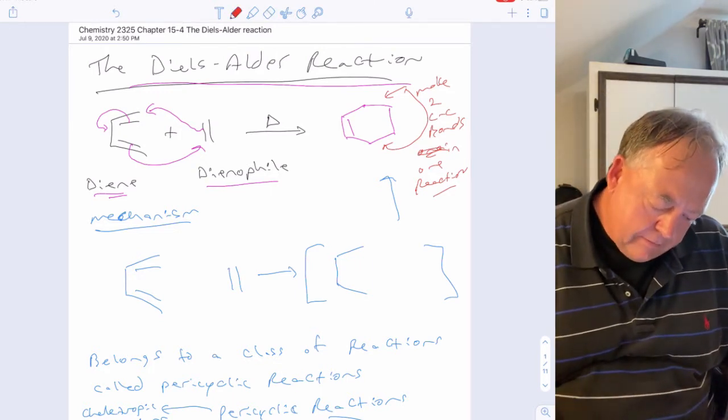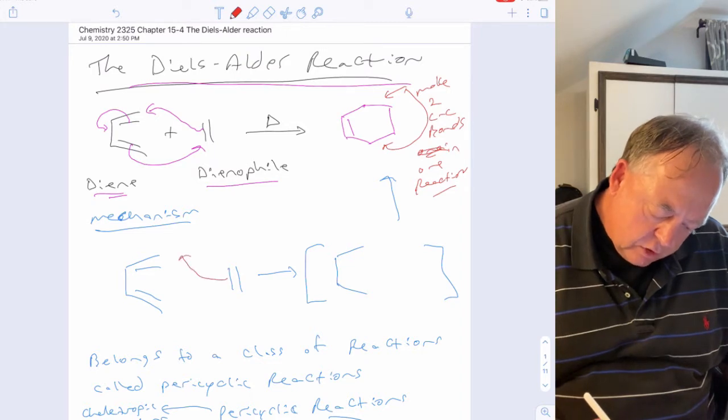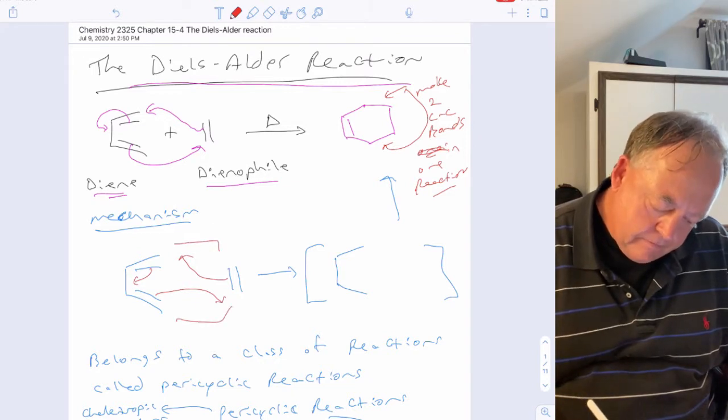But anyway, the basic mechanism, again, we just take these two electrons there, those two there, and those two there. So we're always making bonds between the ends of the pi system.